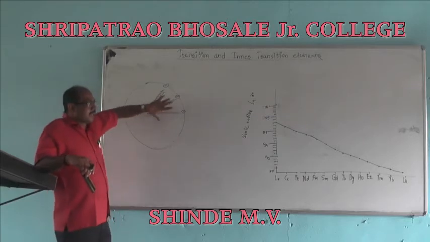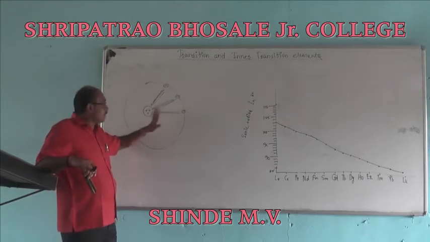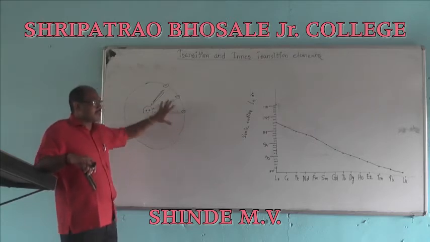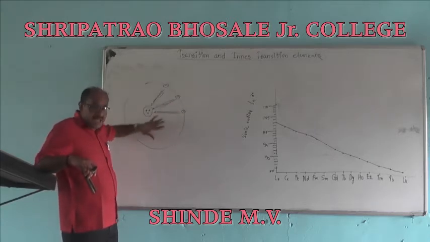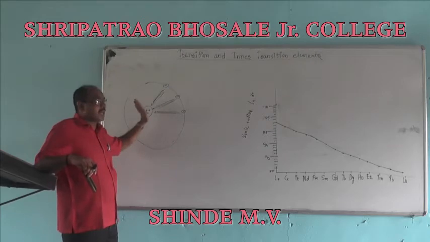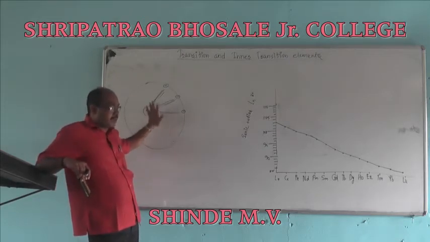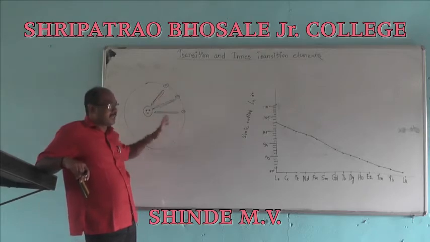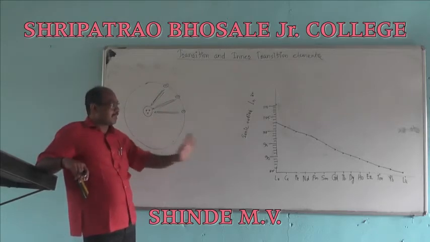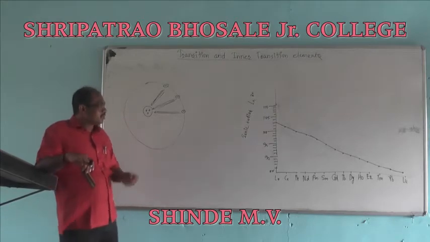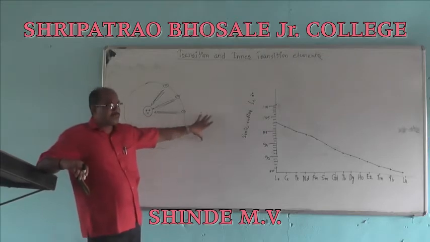So there is an increase in the attraction of the nucleus to the outermost electrons, and we have a decrease in the atomic size of the atoms or the ionic radii. This goes on decreasing as we move from cerium to lutetium. Lanthanum is also considered here. So this one is the lanthanoid contraction.